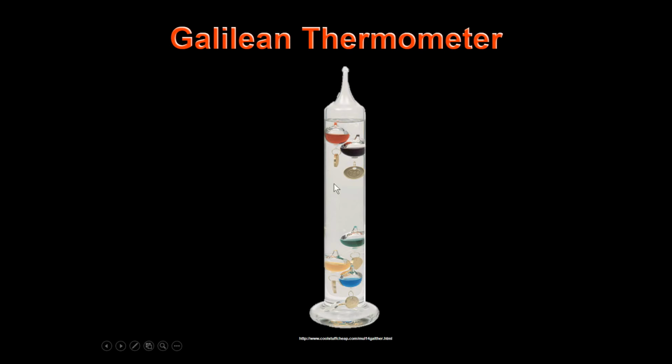So as this fluid here warms up, it becomes less dense. So the fluid that this is displacing won't weigh as much, and the buoyant force will decrease. And these are weighted so it just crosses over and drops as the buoyant force decreases. You read the temperature by the lowest tag there, still floating.